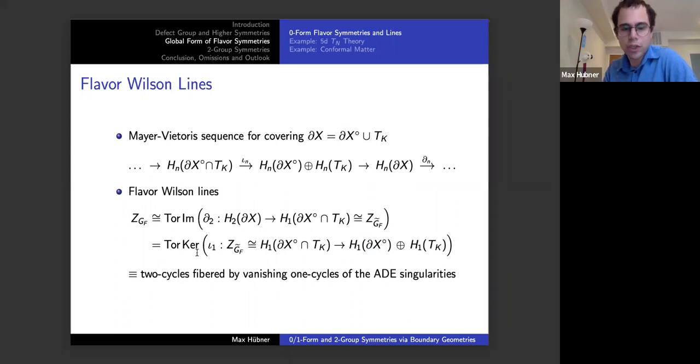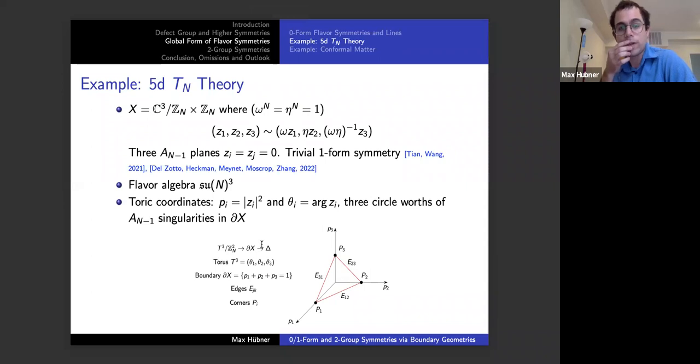Okay, I appreciate that this might be a bit abstract, but it becomes a lot clearer when we look at a specific example. So let's now look at 5D T_N theory and discuss these structures. 5D T_N theory is engineered in M-theory by this quotient of C^3.